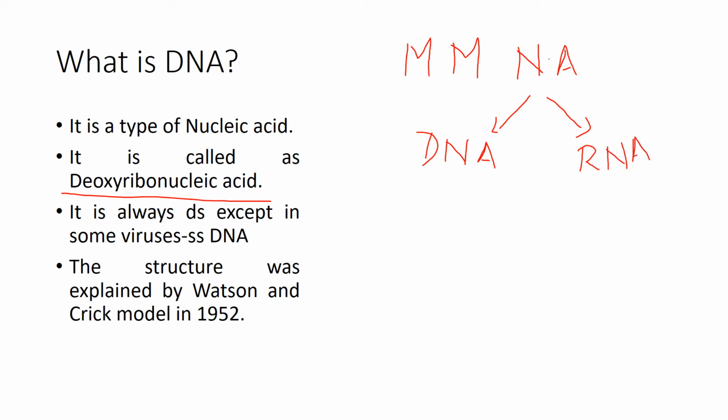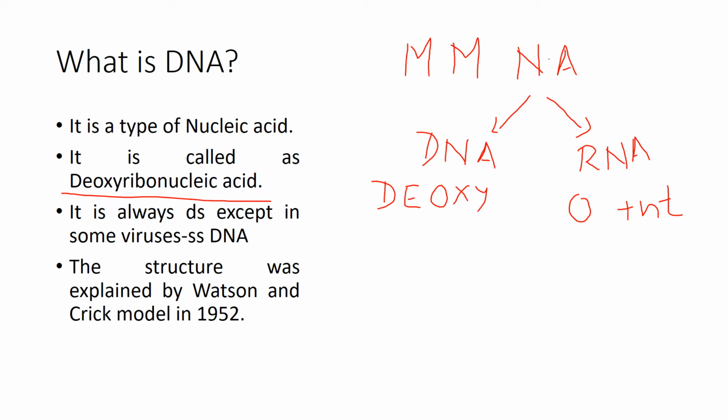Okay, so here the term comes deoxy, that is one oxygen is less, and here it is ribose, meaning no deficiency of oxygen. That means, let us write over here that oxygen is present. Okay, so now we have a concept that the nucleic acids are of two types, deoxyribonucleic acid and ribonucleic acid.